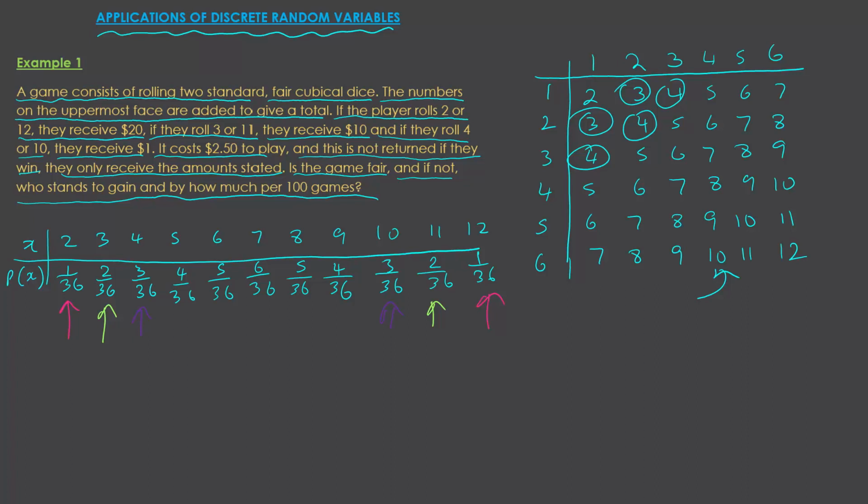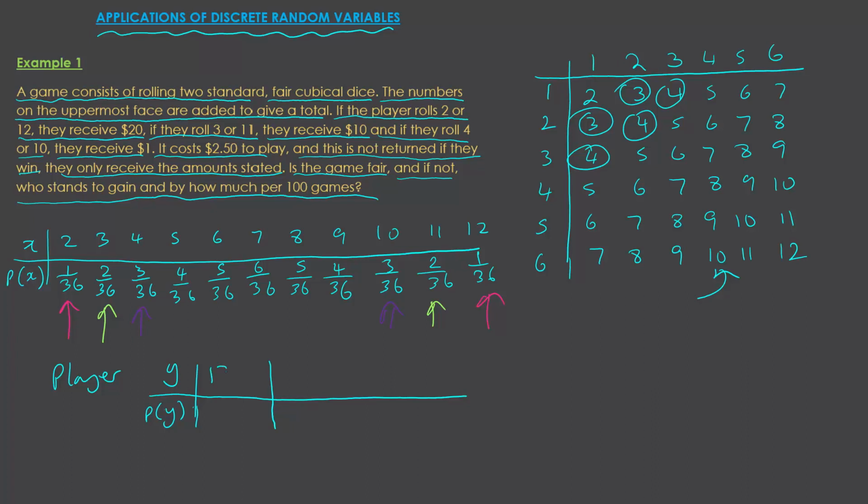Now we can consider ourselves to be the player. Let's let the random variable y be the amount of money that we're up. So we've paid $2.50 to play the game. If we get a 2 or a 12, we get $20.